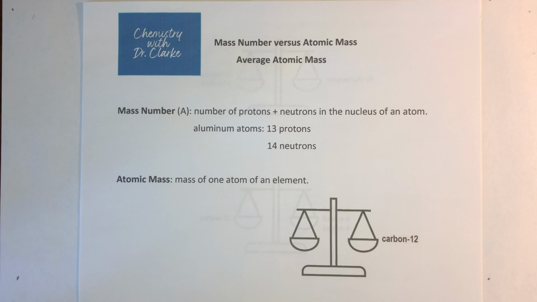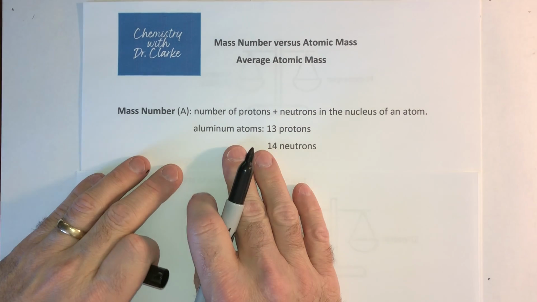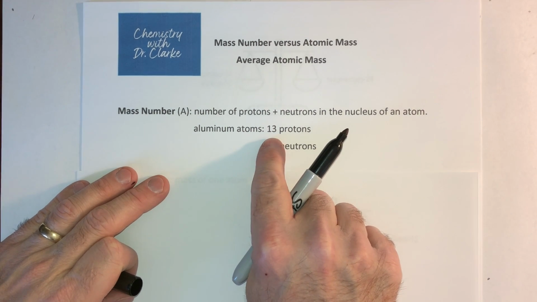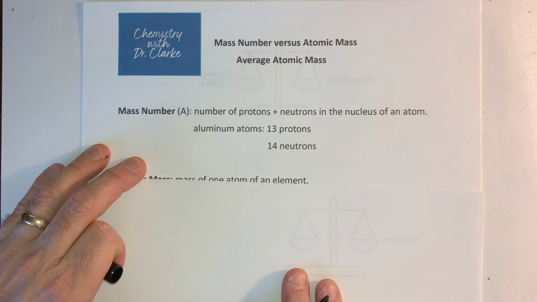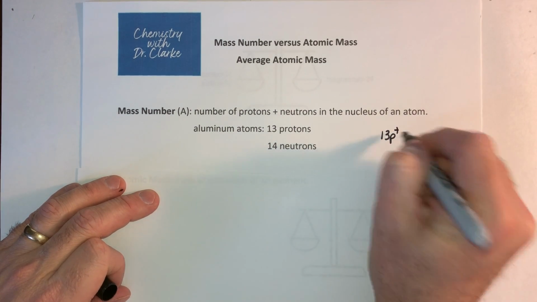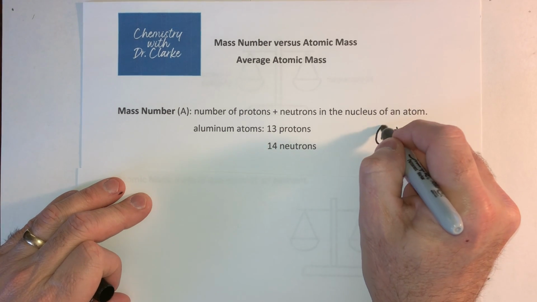All right, so if we're going to talk about this, let's redefine the mass number. So if you have an atom, let's talk about the aluminum atom. The aluminum atom has 13 protons and 14 neutrons. So if I were to draw a little picture of that, I have 13 protons, and we like to use P positive to represent protons.